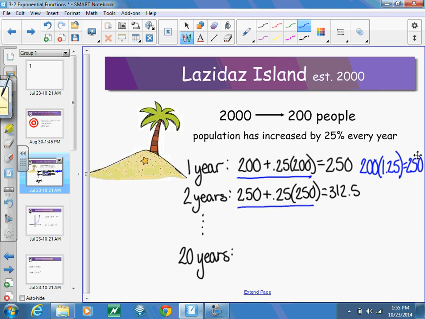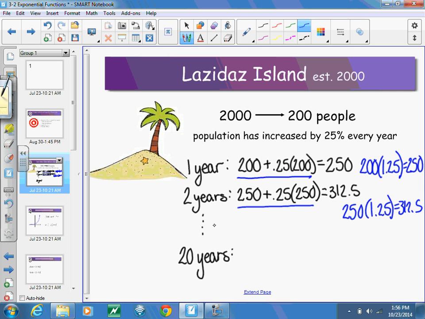So what you're doing here is multiplying 200 by 125%. This includes the 200 that we started with and adds the additional 25 people. Then for the next year, I can take our 250 and multiply that answer times 1.25, and that gives us our 312 and a half people.